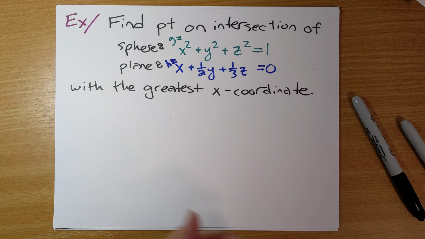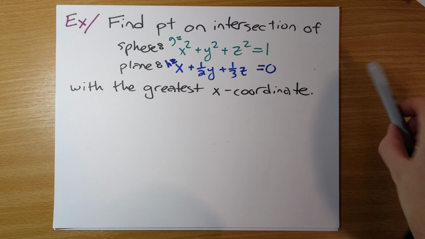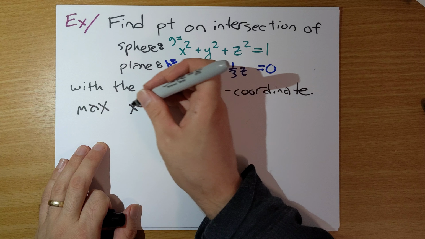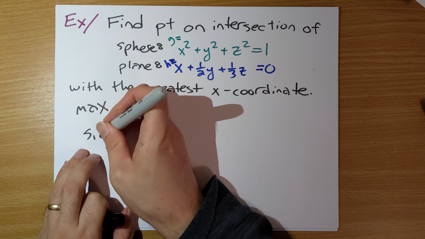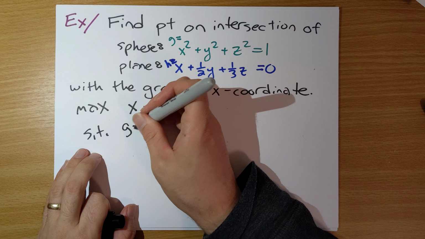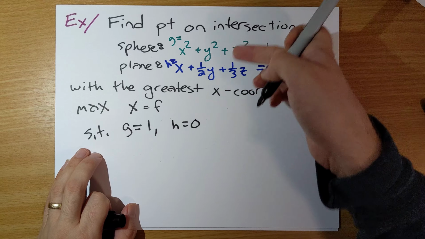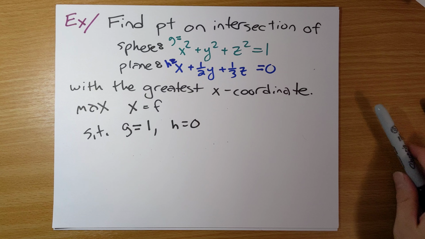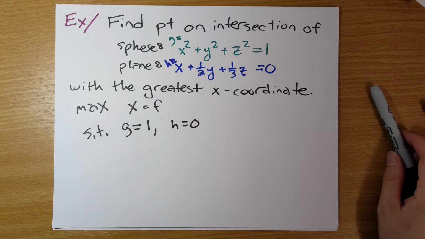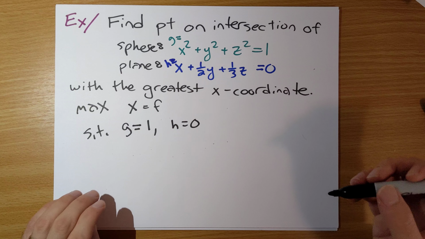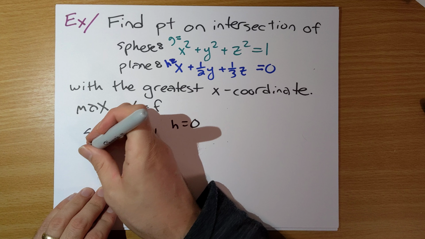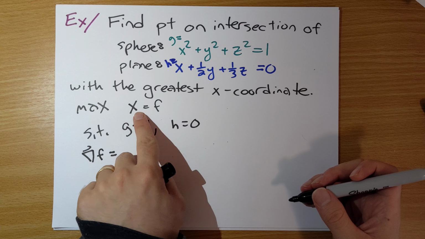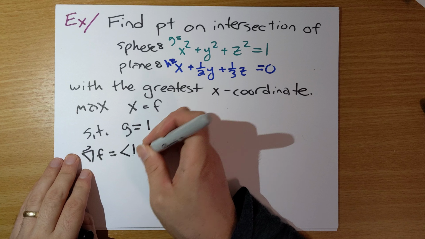So what are we going to do? Our function here, we're going to maximize x. So this is our f, subject to g is equal to 1 and h is equal to 0, where g is x squared plus y squared plus z squared, h is x plus 1/2 y plus 1/3 z. Okay, so let's write down our Lagrange equation. The gradient of f is going to be, well, the partial derivative of x with respect to x is 1.